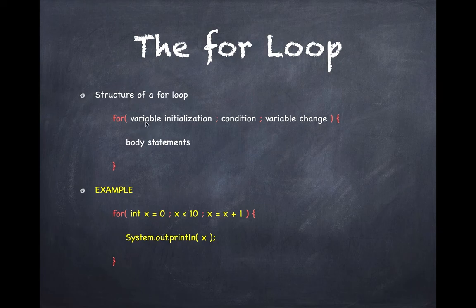So we start off with a variable initialization, then a semicolon, then we put the condition with another semicolon, and then we put the changing of the variable last inside of these parentheses, no semicolon there. Okay, so it's a different kind of format than what you're used to for the while loop.